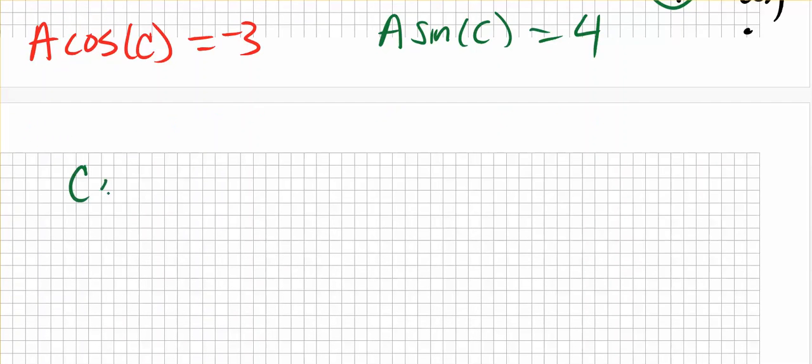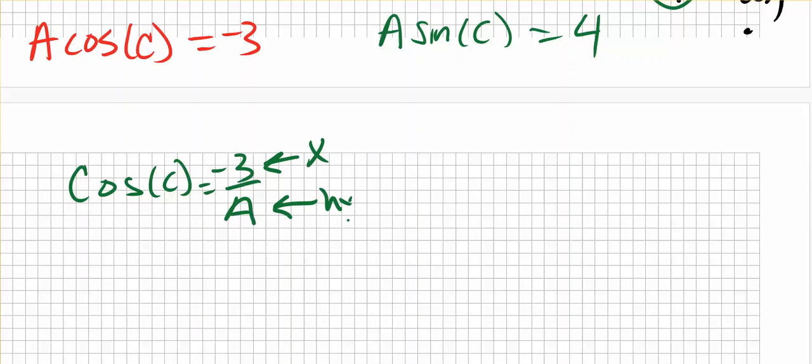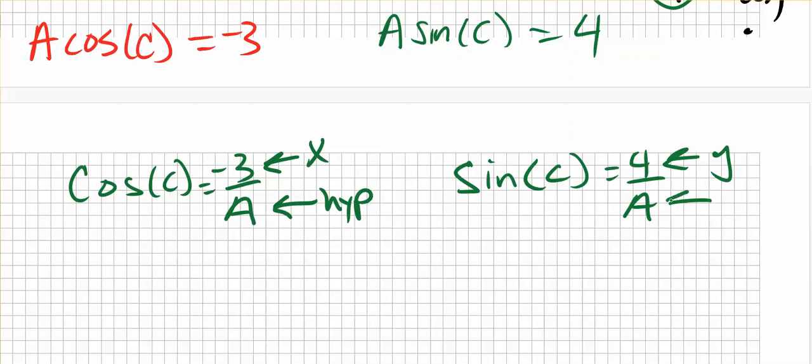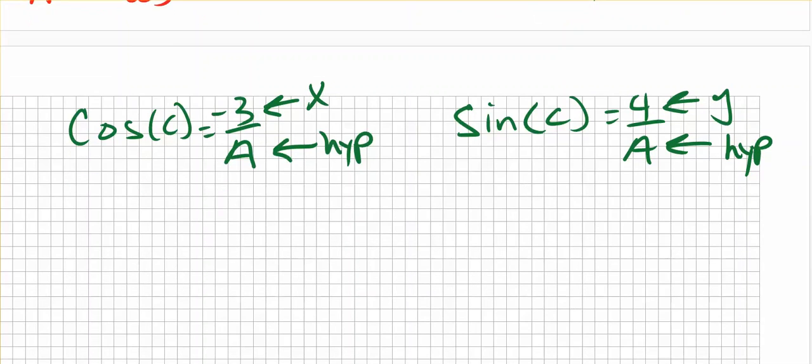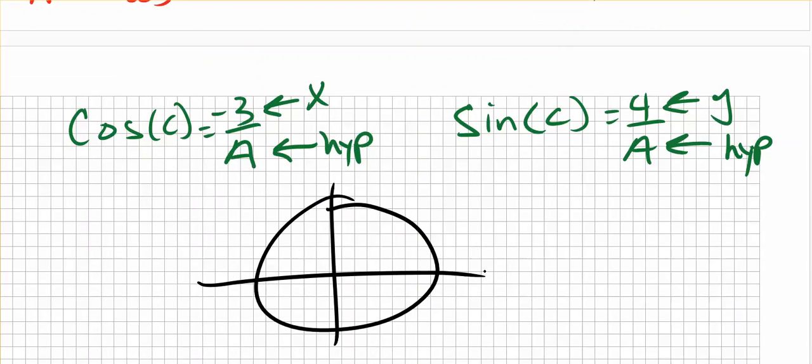Now, the triangle: we're going to have the cosine of c is equal to negative 3 over a. So this is our x-coordinate, this is our hypotenuse. And then we have the sine of c is equal to 4 over a. This is our y-coordinate and our hypotenuse. Drawing that in, we have a negative 3 and a positive 4.